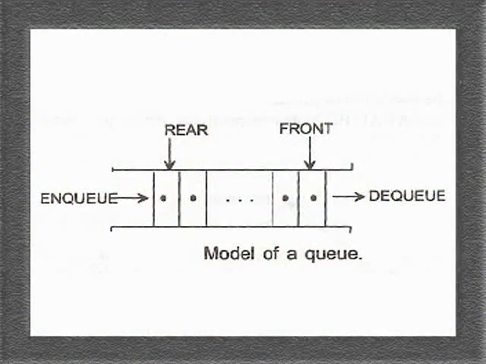Queue is an ordered collection of homogeneous data elements. Here also ordering is based on the arrival and removal of elements. In a queue, insertion and deletion operations are known as enqueue and dequeue, and they take place at the rear and front end.